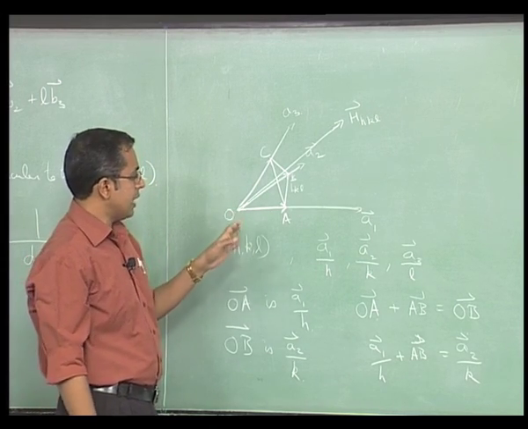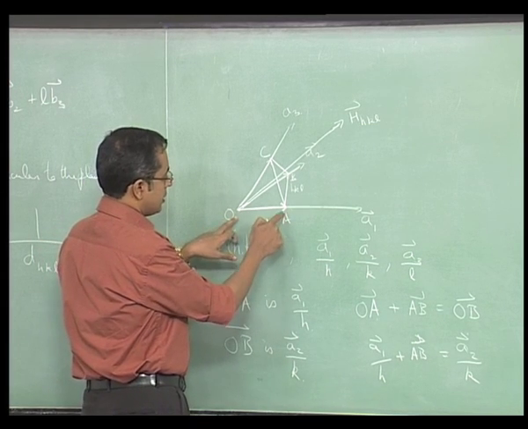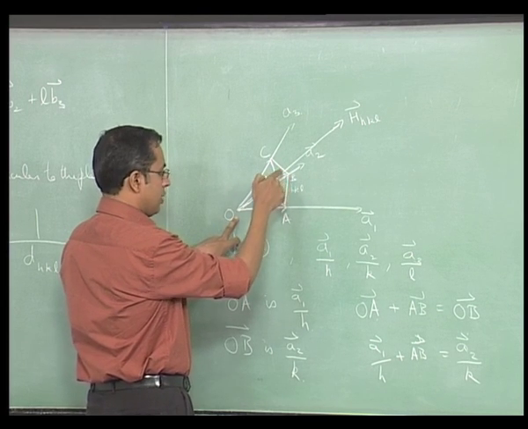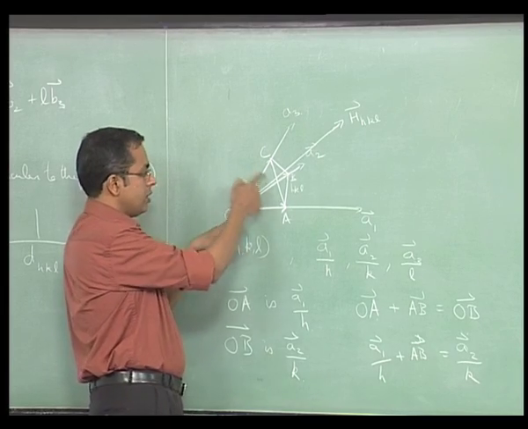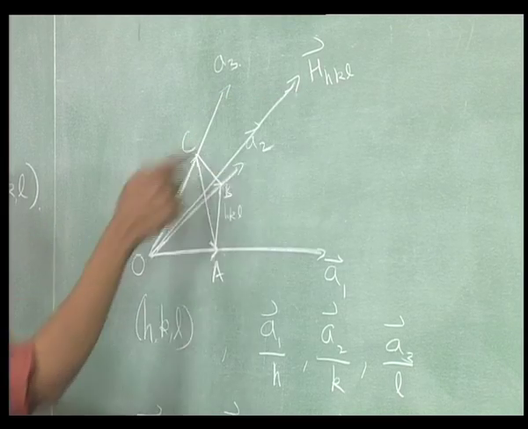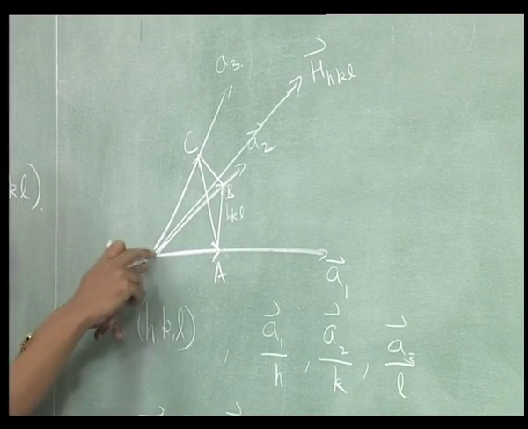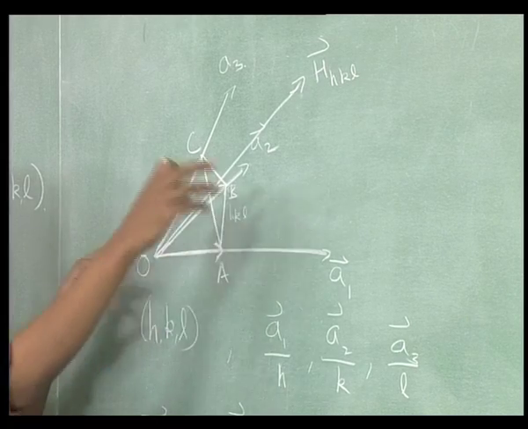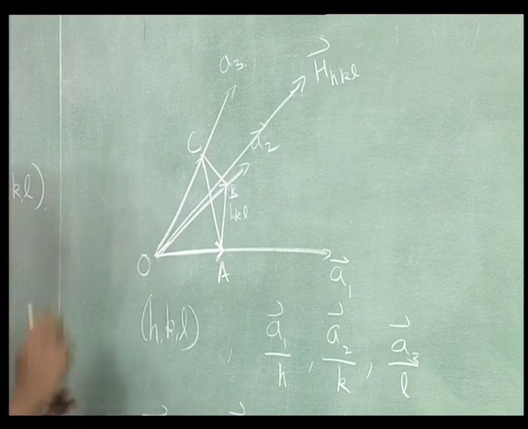Using exactly the same derivation that we have done, instead of starting with this location being A1 by H and this being A2 by K, we can do the same thing with A2 by K and A3 by L, in which case we will find that HHKL is perpendicular to BC. Similarly, we can do it with A3 by L and A1 by H, and we will find that HHKL is perpendicular to AC.